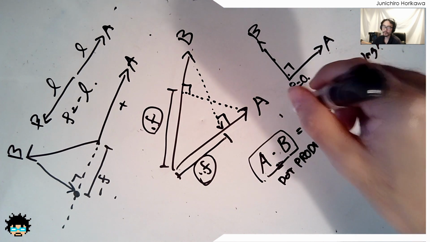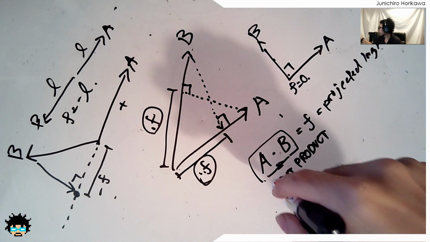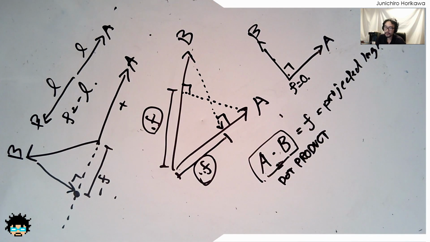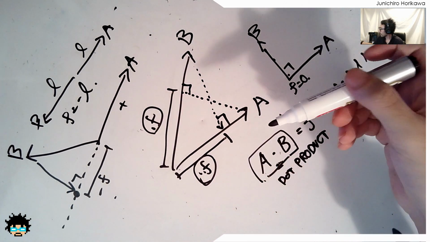So that means the dot product is also equal to 0. So you can use this dot product to check if the angle between A and B is 90 degrees or perpendicular, or in the same direction, or in the positive direction, or in the negative direction.